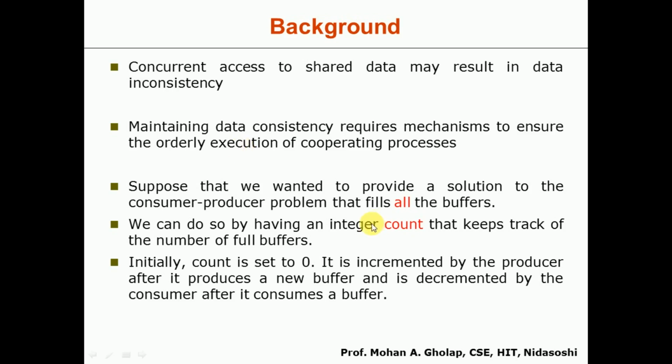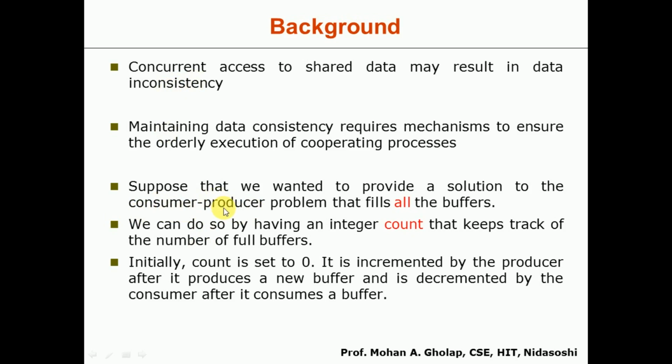Suppose that we wanted to provide a solution to the consumer-producer problem that fills all the buffers. I think you are aware of the consumer-producer problem. Here we have two processes, one is the consumer and the other is the producer. As the name indicates, the consumer will be consuming the data that is produced by the other process, the producer.